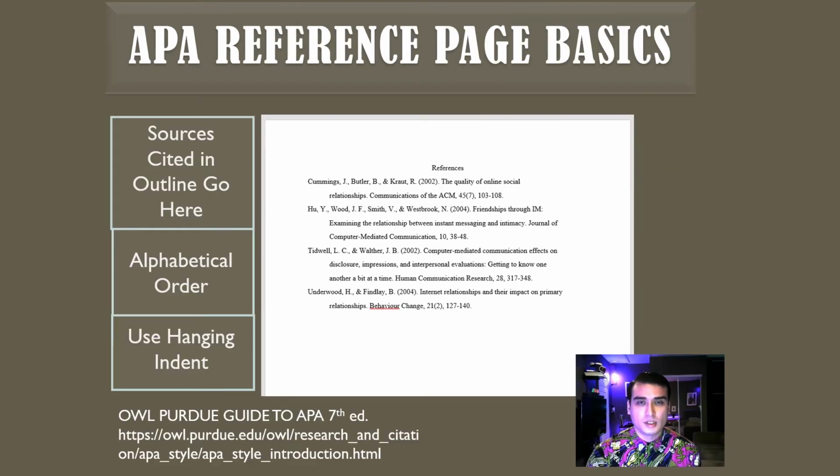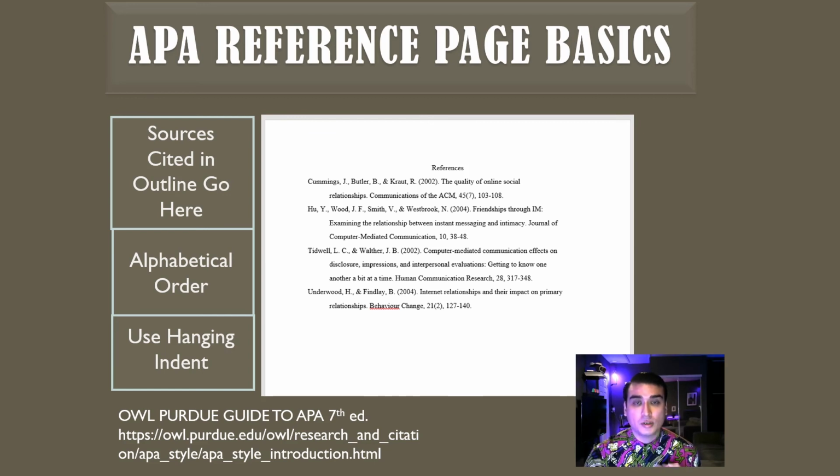So lastly, I've included an example of an APA reference page. After you've included all the oral citations within the body of your outline, you're going to want to create a reference list at the end of your outline in APA style.